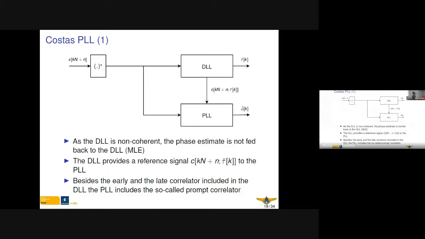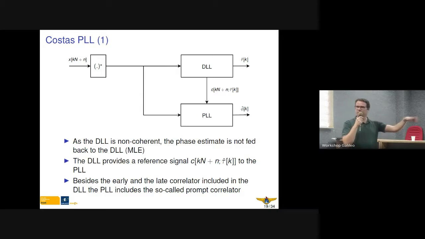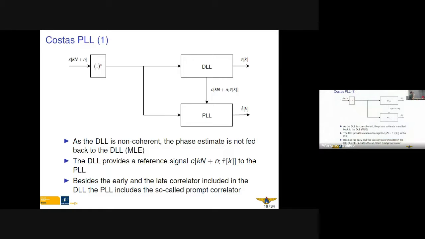We have the DLL. We saw that the non-coherent DLL is not dependent on the phase, so it can run autonomously without the other estimates. However, we need the estimate tau hat of k to produce a new model signal to generate a correlation with this tau hat of k, which is then in the literature always called the prompt correlator, to derive the phase estimate.